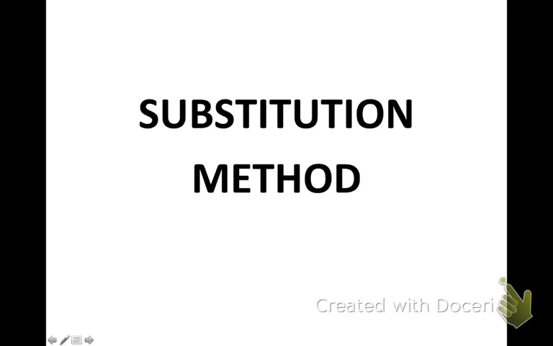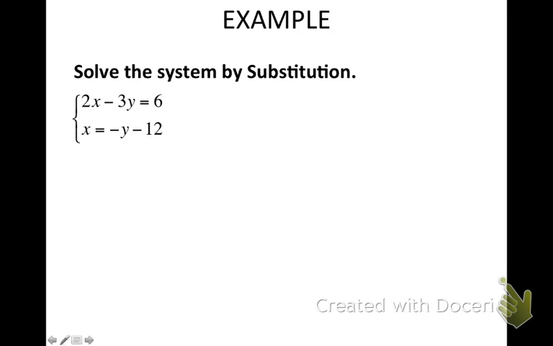All right, so substitution method. Here's our first system that we're going to solve using the substitution method. We've got 2x minus 3y equals 6. x equals negative y minus 12. Okay, so when we go to do the substitution method, the first thing we are looking for is, is there a variable that is solved for by itself?